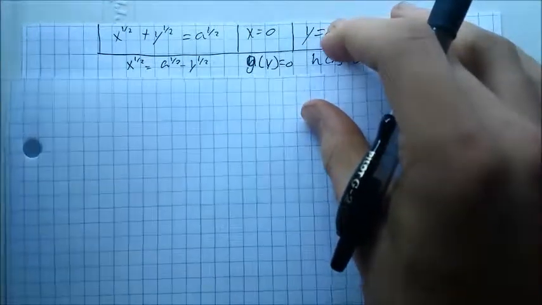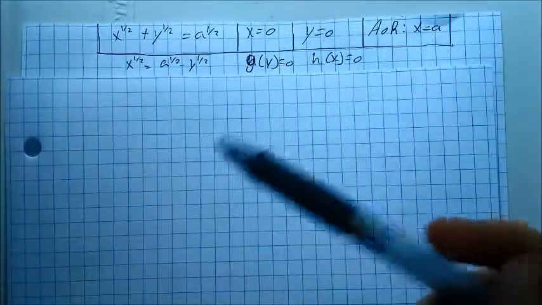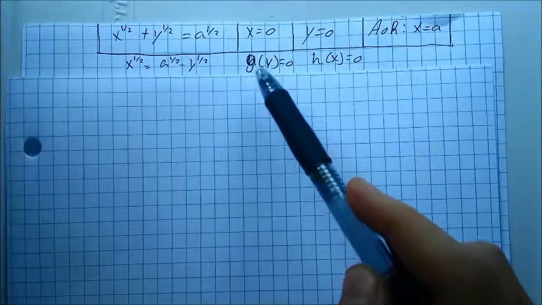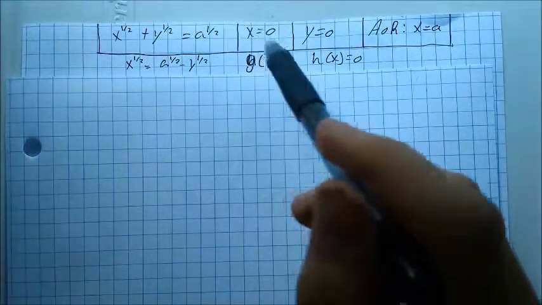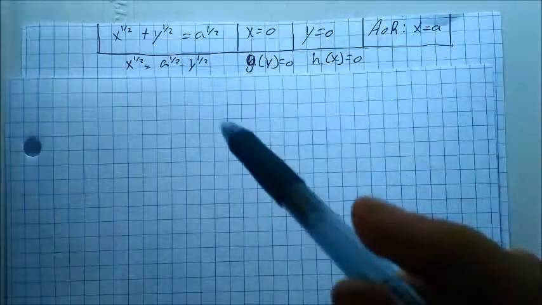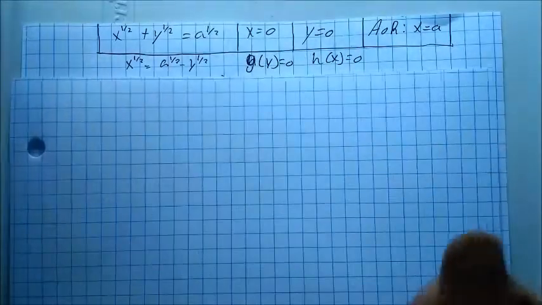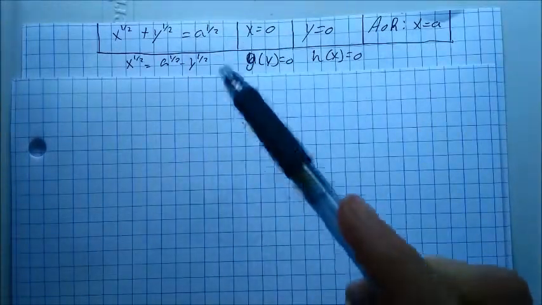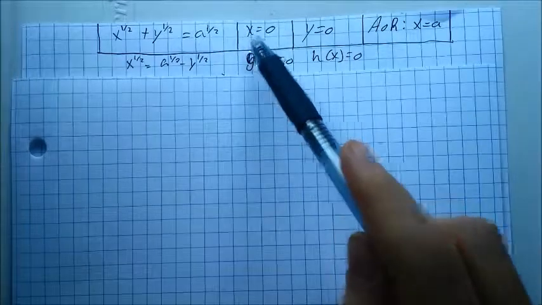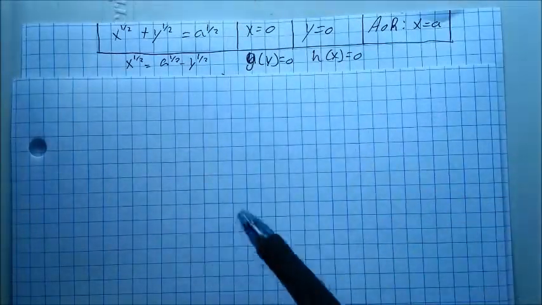To start off, we need to take these two expressions and write them in function notation. This is a very poorly drawn g, just know that that's supposed to be a g. Anyway, so x equals 0 rather, is the same thing as g of y equals 0. And this may be a little bit counterintuitive with your x changing to a y here, but if you think about it, if you were to say x equals y, then you could write g of y equals y, and that would make perfect sense.